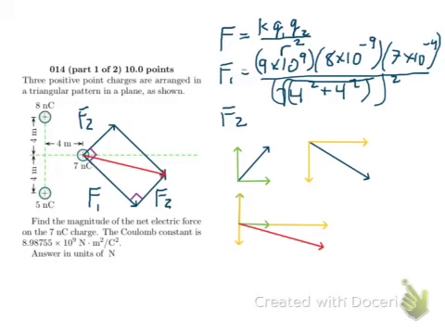So now I've got a right triangle where the resultant vector is merely a squared plus b squared equals c squared, using F1 and F2 as a and b. So this is an easy shortcut around all of that vector addition and splitting into components that we did before. So once I've got that, that is going to be my answer to question 14. So simply the square root of F1 squared plus F2 squared.